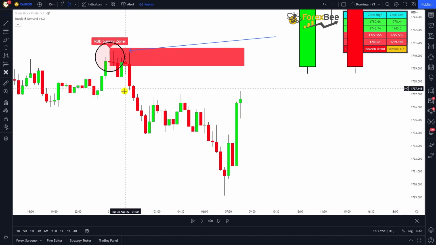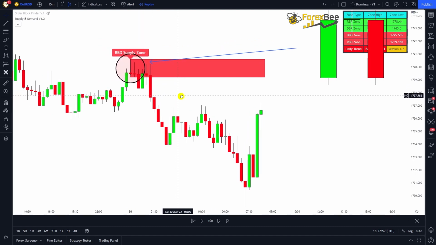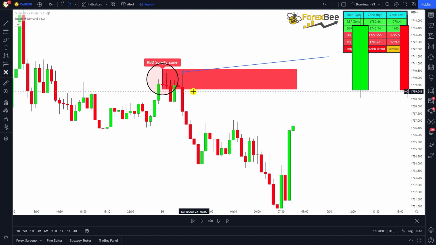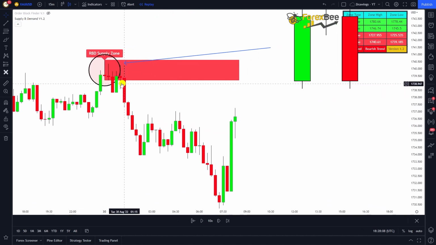So now the only thing remaining is to determine where we should close the trade or exit the market. One thing that you need to understand while trading with the supply and demand indicator is that you should break even your trade as soon as the risk to reward ratio of 1 gets complete.